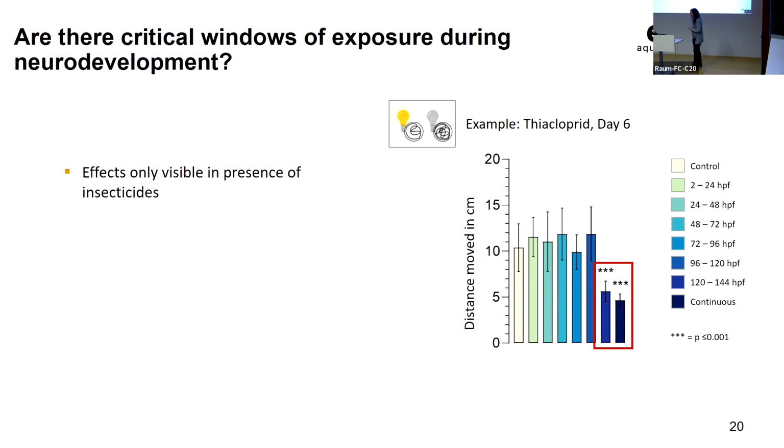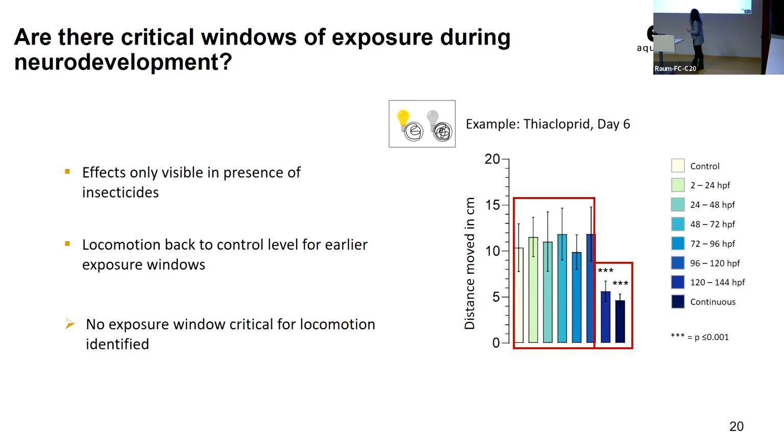The effects were only visible when the insecticides were present. For earlier exposure windows, the locomotion came back to normal control levels. This means that we did not identify a critical exposure window for locomotion.